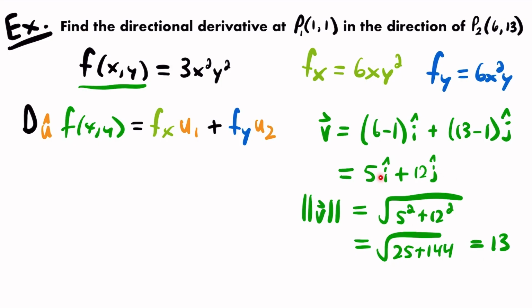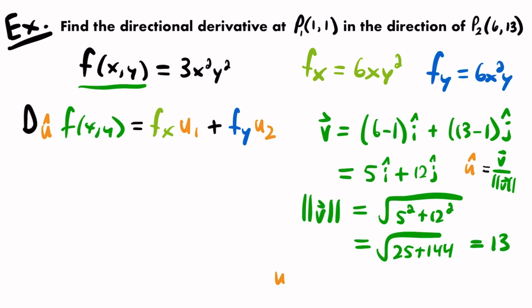So the vector that connects these 2 points, giving us the direction for our directional derivative, is not a unit vector, but we can make it into a unit vector by dividing it by its magnitude. All right, the unit vector will be equal to vector v divided by its magnitude.